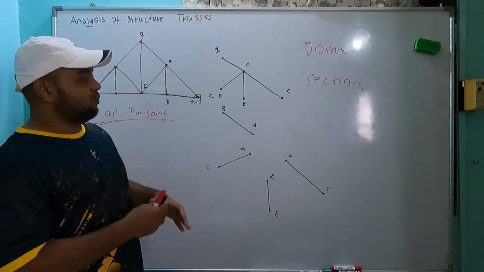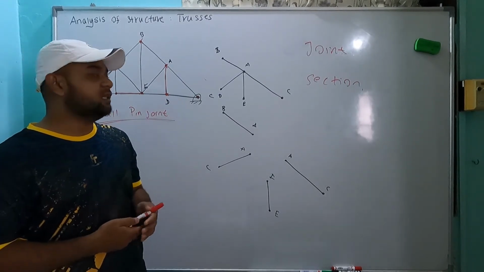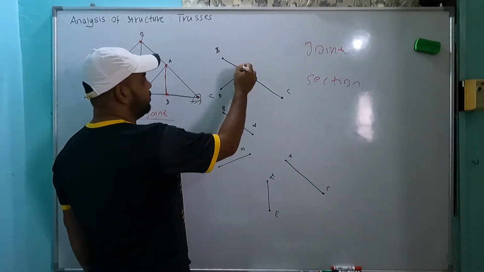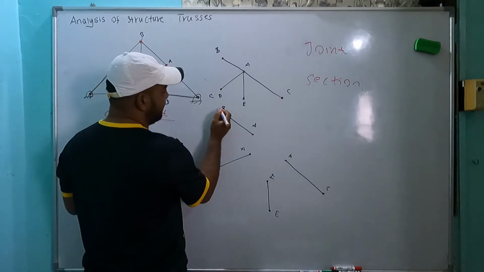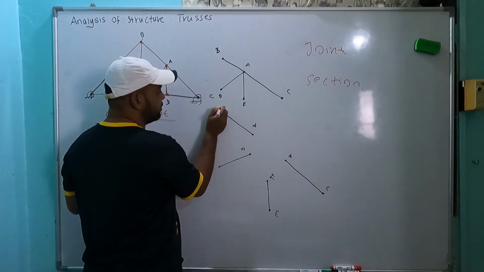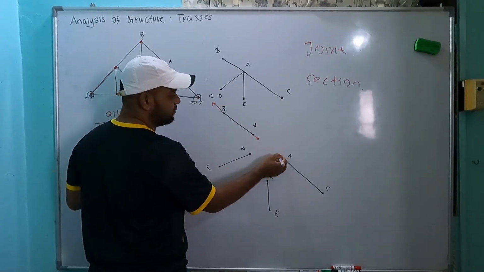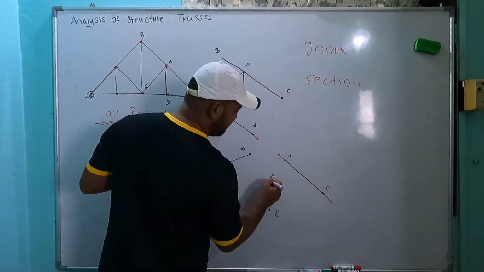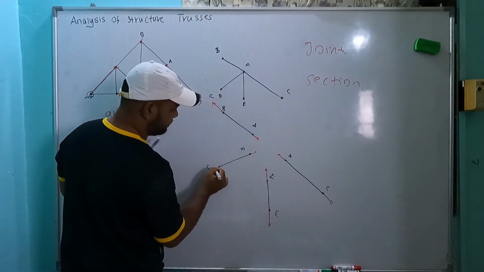And when we open this one, we know that we have to put the reaction. So here, for example, we have one component, and if I consider this one as in tension, we have a force in this direction, same as here, force in this direction. This all is a two force member.